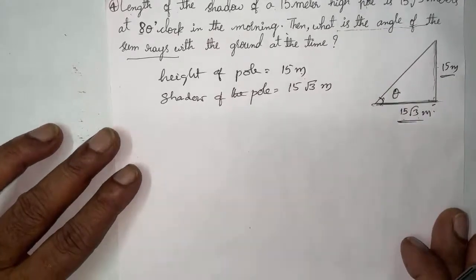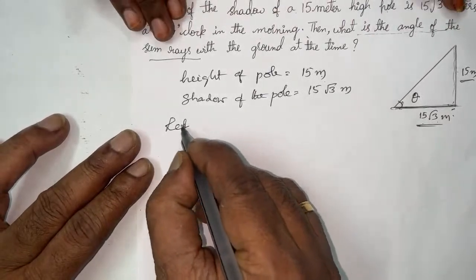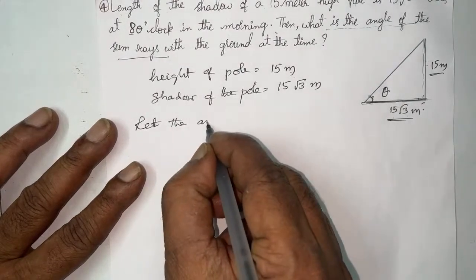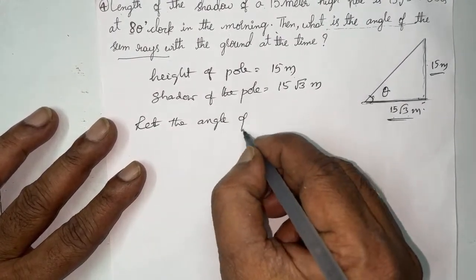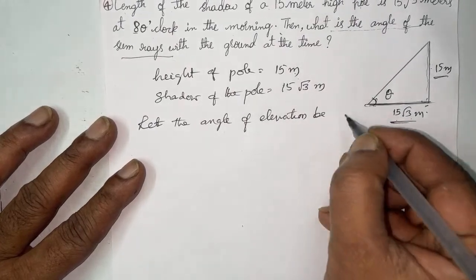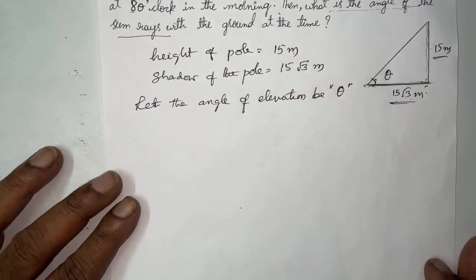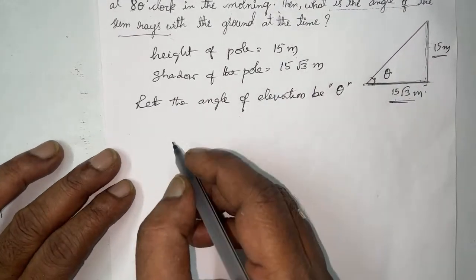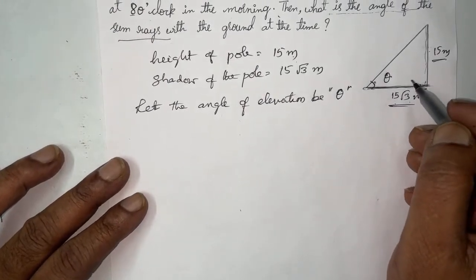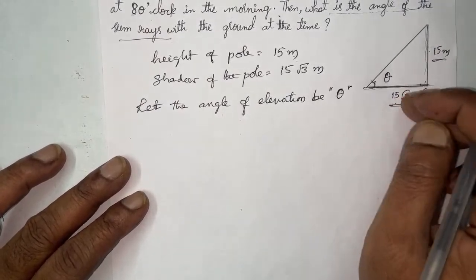Next, let the angle of elevation be theta. Which ratio you have to take is the important thing here. We are taking the ratio tan theta.